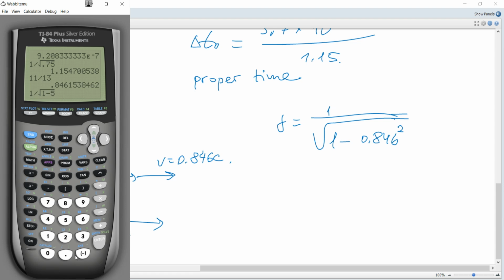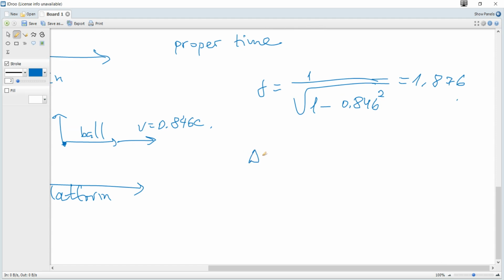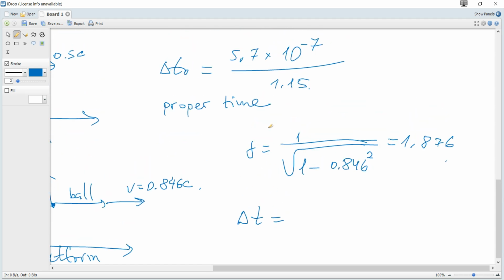One minus 0.846 squared, and you can see that it's 1.876, and the required time delta t becomes this proper time.